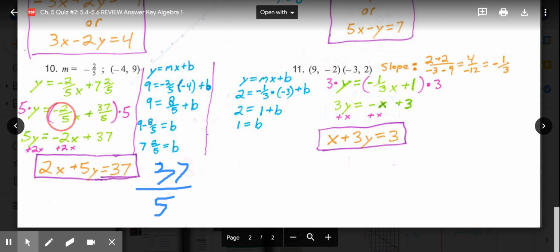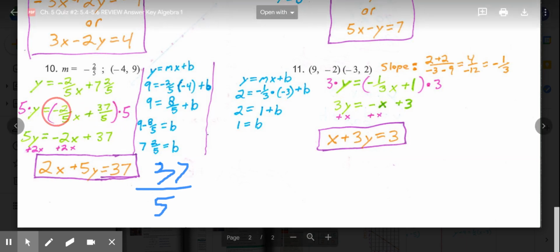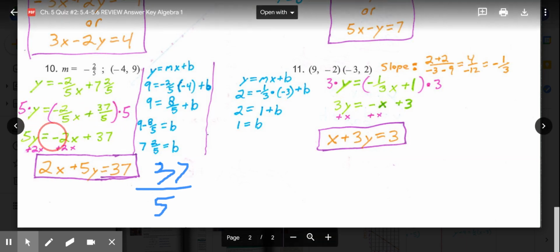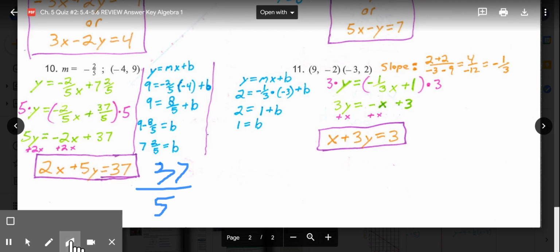So that tells me to multiply every part of my equation by 5 to get rid of the denominators. So we end up with 5y equals negative 2x plus 37. Then we need to get x and y to the same side. So we'll add 2x to undo the negative 2x. Add 2x to the other side, and we have 2x plus 5y equals 37.